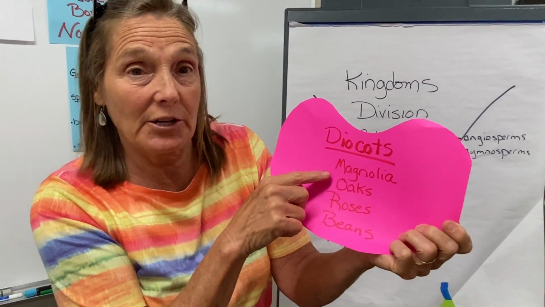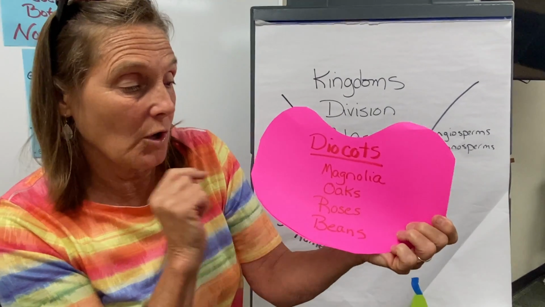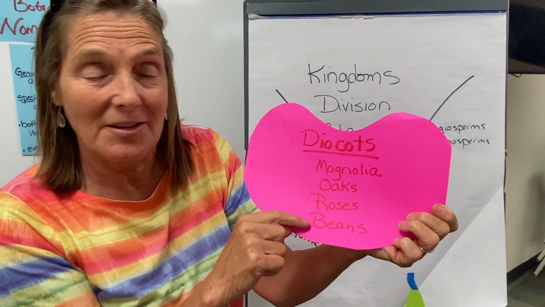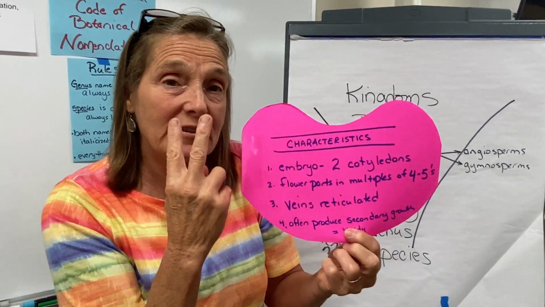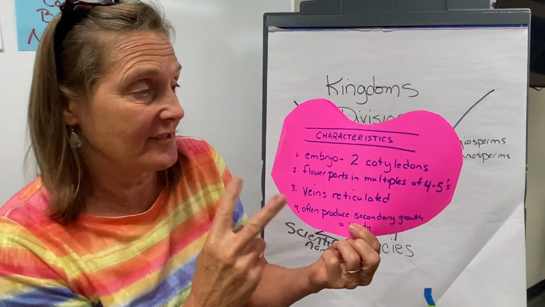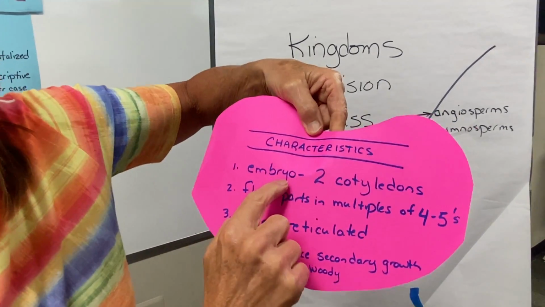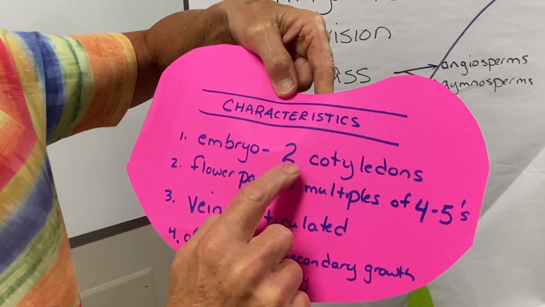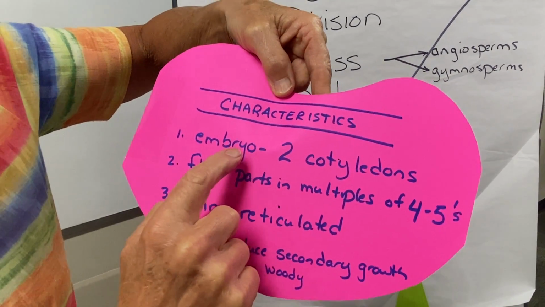So I've listed on here some plants that you know. Magnolias, all of our oaks, all of our roses, and our beans. And what happens to dicots? Well, dicots always have 2 cotyledons in the seed. I have that listed as the number 1 characteristic. The little embryonic plant always has 2 sections, just like a bean breaks into 2 seeds.